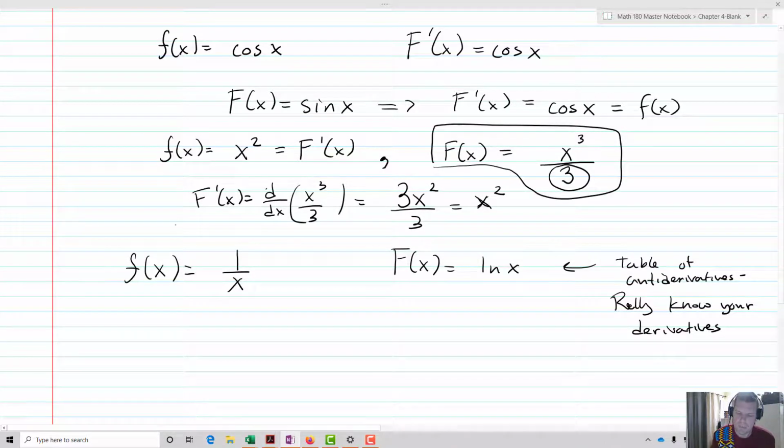For example, the power rule said that when I take the derivative, I subtract 1 from the power and then multiply by my previous power. Well, to do an antiderivative, I add 1 to the power and then divide by my new power. It's like unwrapping the previous operation.